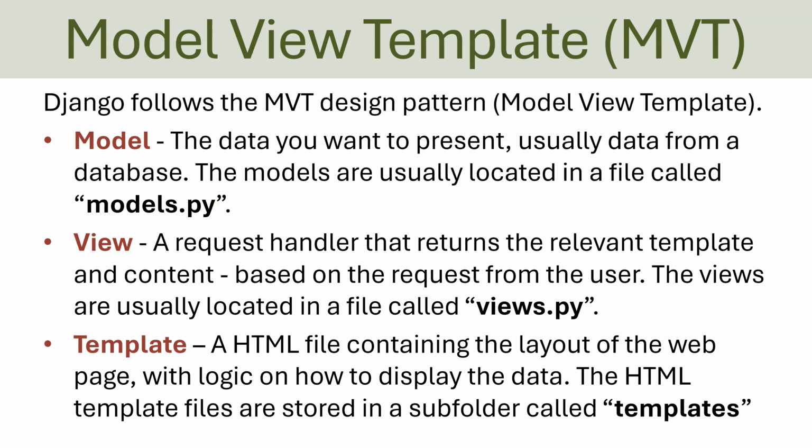So when you create a Django project and a Django app, this models.py will be part of the file structure which is created when you create this Django project and the Django app. Then next, the view. View is basically a request handler that returns the relevant template, which is part of this model view template pattern.